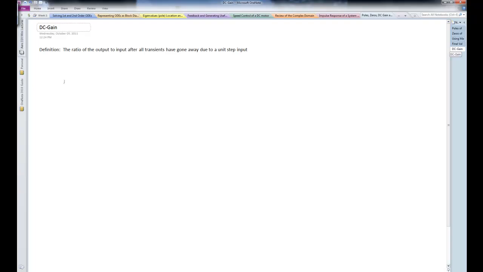So the DC gain of a system is to take the limit of the transfer function as t goes to infinity, or another way to say that is in the S domain, it's the limit of s times g of s times a unit step, 1 over s, as s goes to 0. So that really is just the limit of the transfer function as s goes to 0.